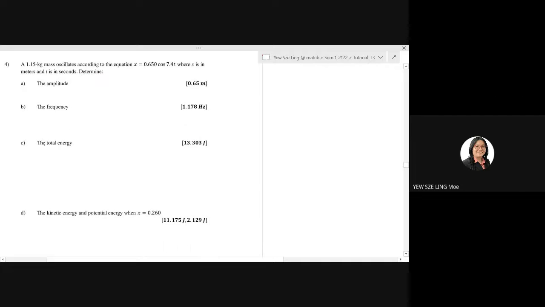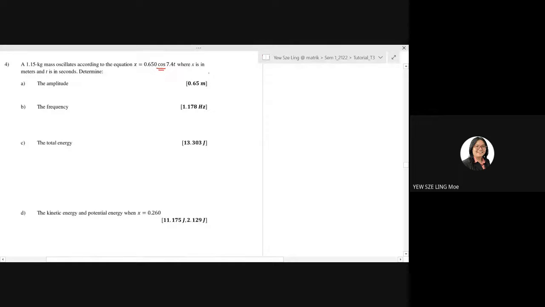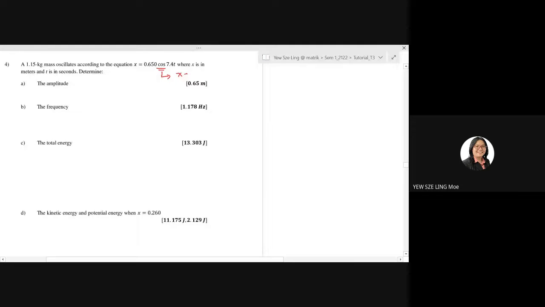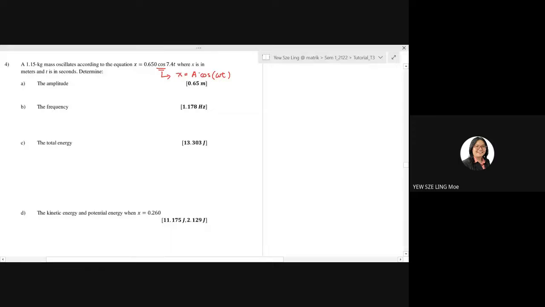Question 4, a 1.15 kg mass oscillates according to an equation. So now you are given an equation, and if you notice, it is in terms of cos. Which means now what are you going to do? You're going to compare the equation with x equals A cos omega t. So you are given an equation with cos, so the general equation, you tweak it a bit to make it a cos function.